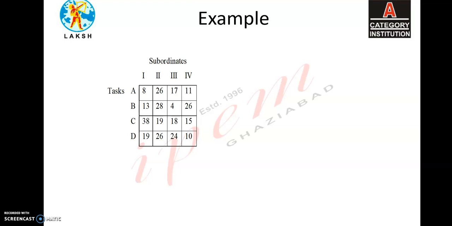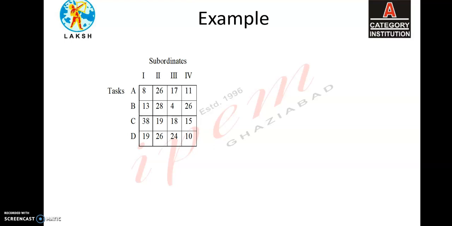In the matrix, the digits written are the cost taken by the person to do the particular task. For example, in front of task A, 8, 26, 17 and 11 are written for subordinates 1, 2, 3, 4.